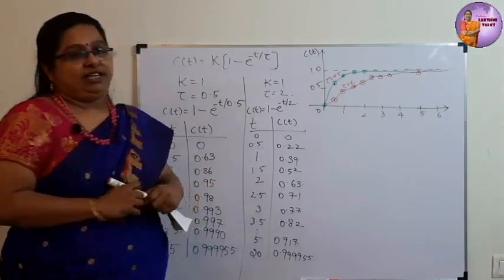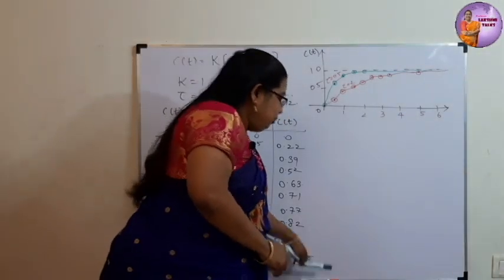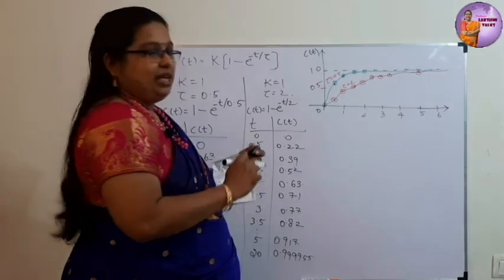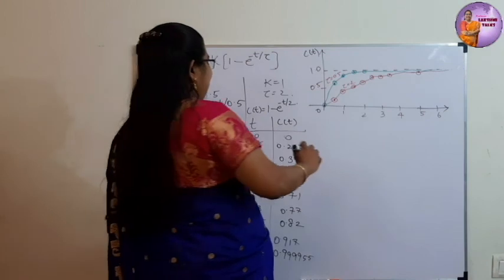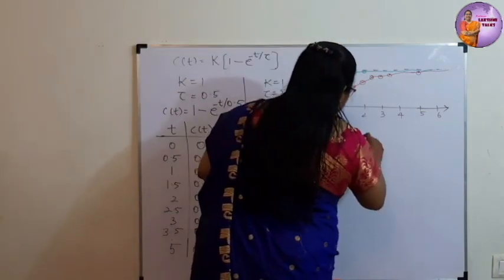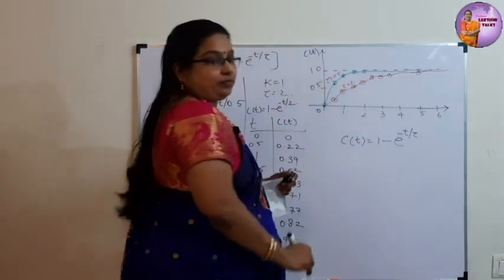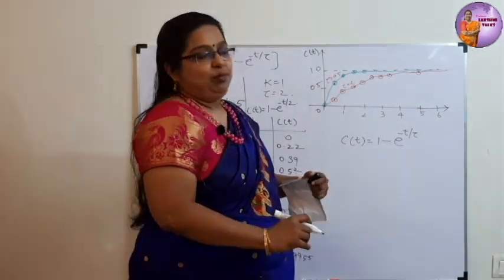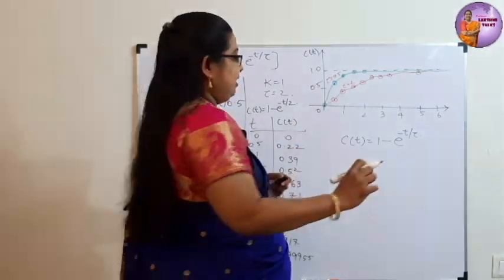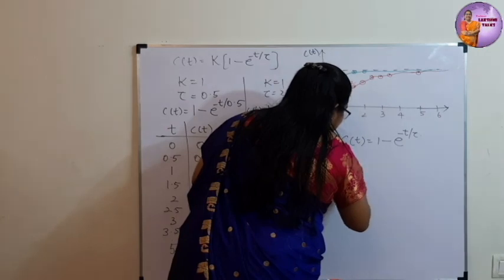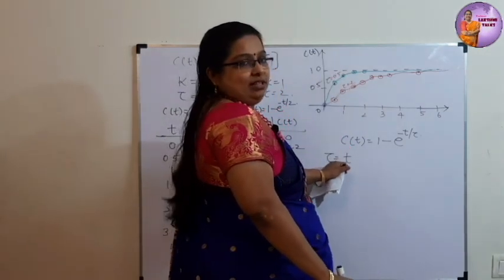Now, how will you define the time constant? Let us look into that. A time constant is defined as the time taken to reach 63.2% of the final value. How can we get that definition? Assume that the time constant is nothing but the time t.